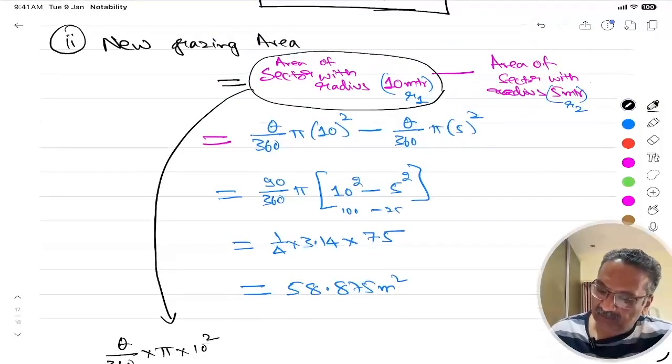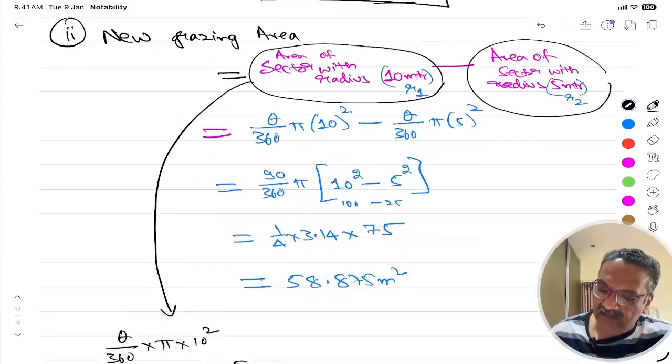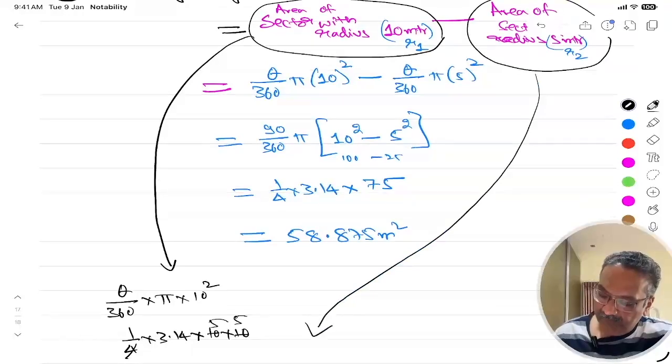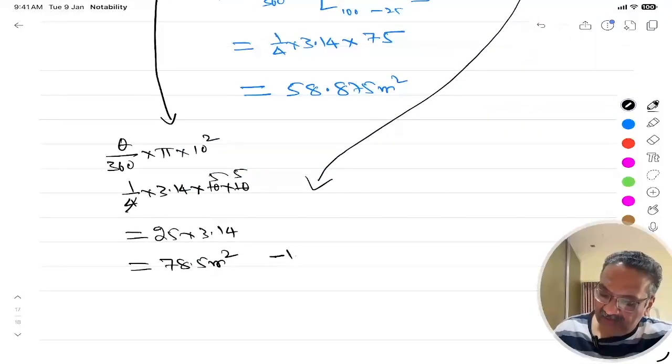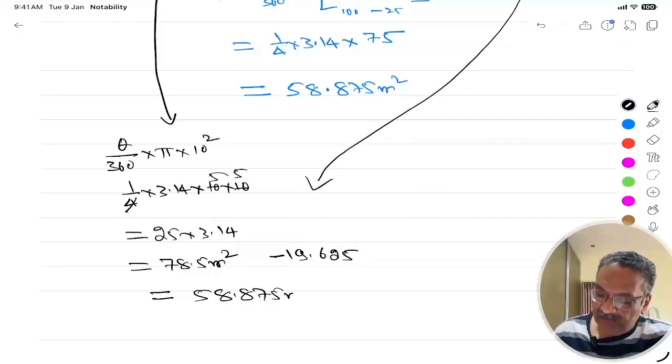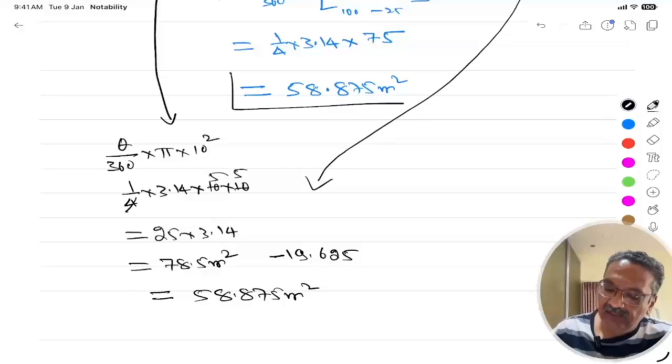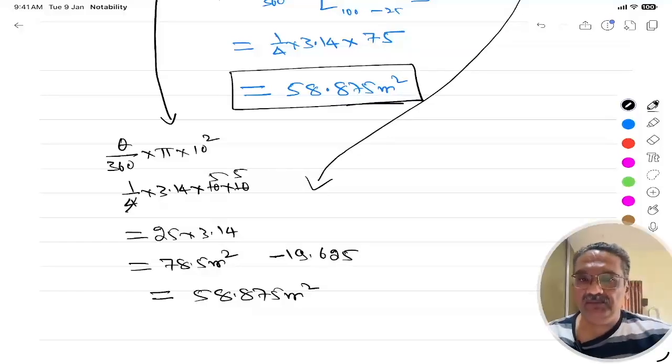And the value of this we have found here, 19.625. So 78.5 minus 19.625. Even here in both the cases the answer will be 58.875. Any one method you can do, both are same. All right.